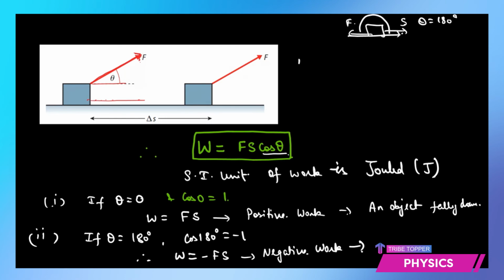And the third is the case of zero work done. When your theta is 90, we know that cos of 90 is 0, and in that case your work done would be 0, right? That is the case of a person carrying a load. Let me show you.